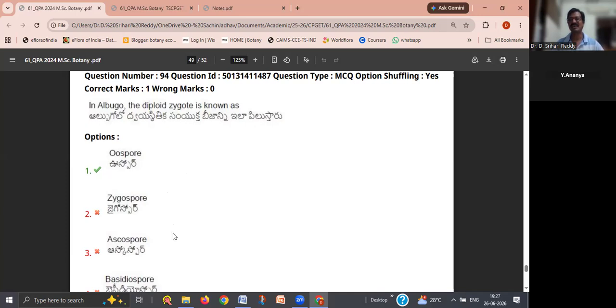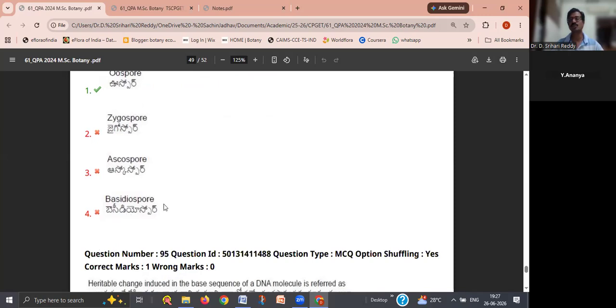There is an important structure called ascus. The plural form is asci. From the ascus, spores are produced. Those spores are called ascospores in Ascomycetes. For example, Penicillium belongs to Ascomycetes. Yeast also belongs to Ascomycetes.